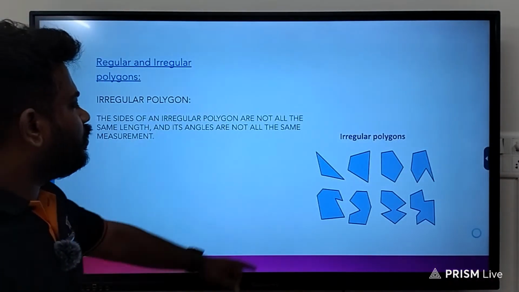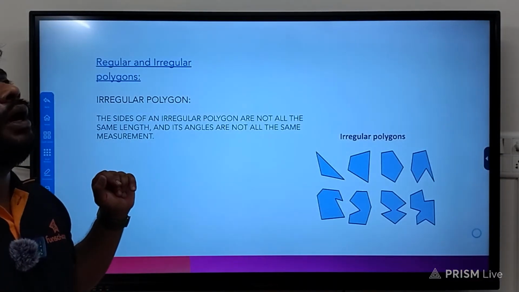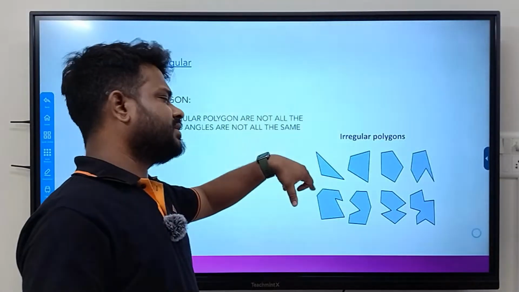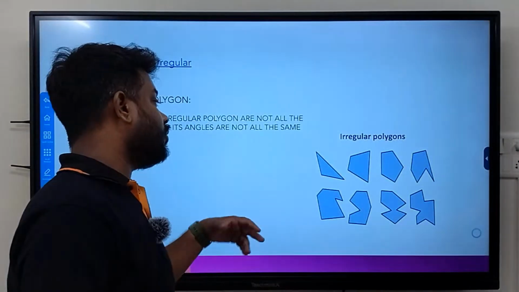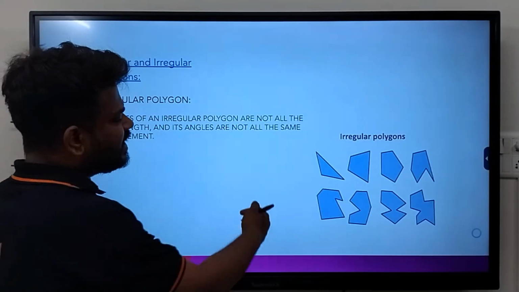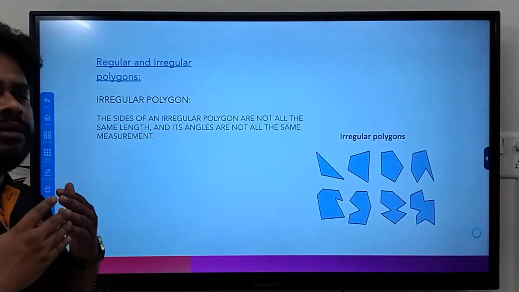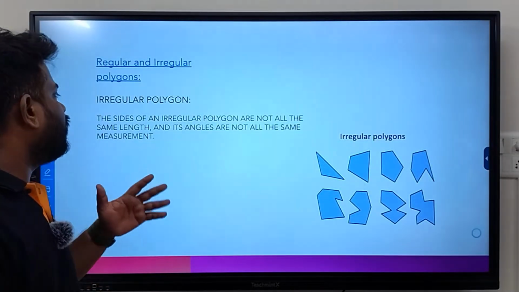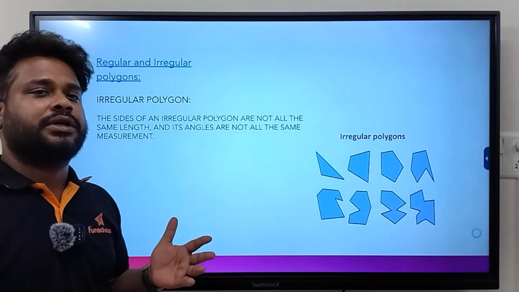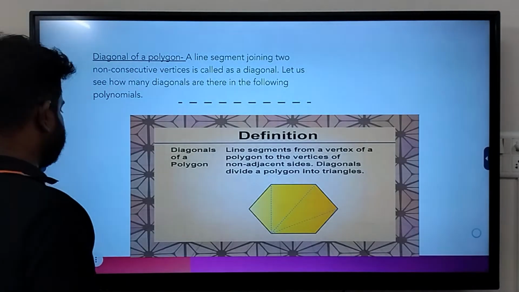And talking about triangle, think about a scalene triangle. This will also be an example of irregular polygons. These are all just closed figures and will be termed polygons, but they are not regular polygons. They will be termed irregular polygons. Okay, right? Let's go to the next.